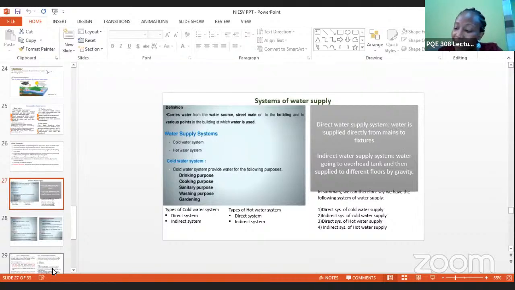Now, another thing we should look at is, what do we mean by direct and what do we mean by indirect? So the direct means that water is supplied directly from the mains to the fixture. You are not reserving it, you are not storing it anywhere. It's just from your main, and you just go to your tap and open it.